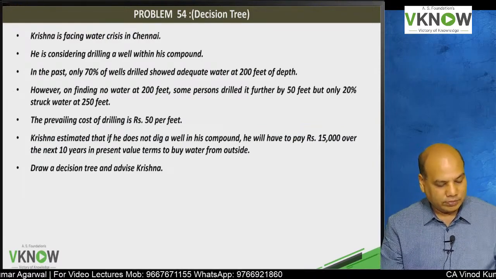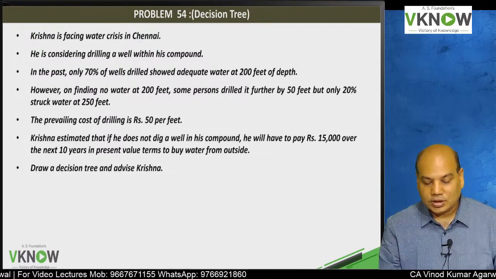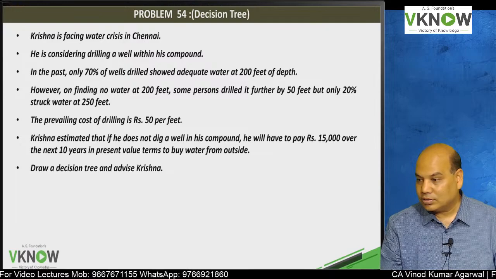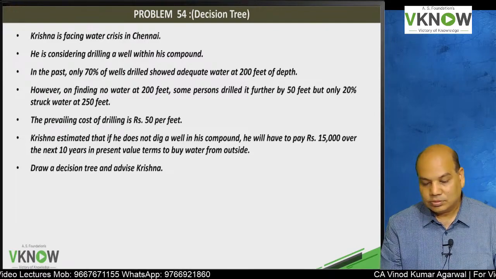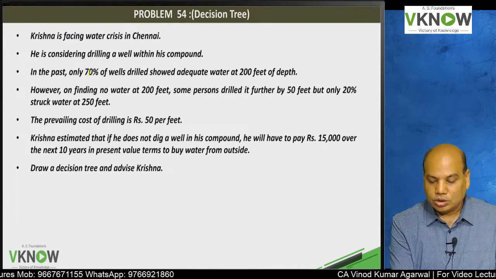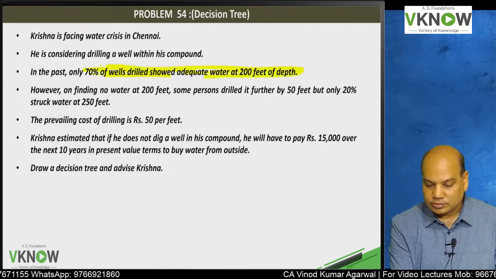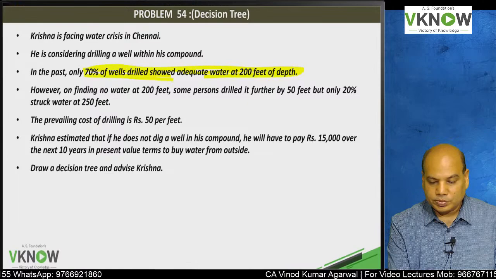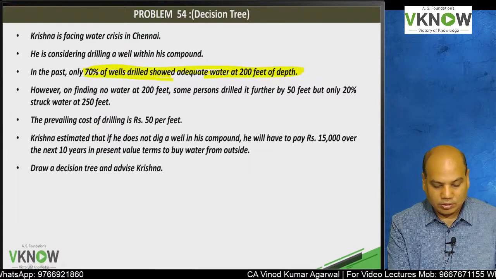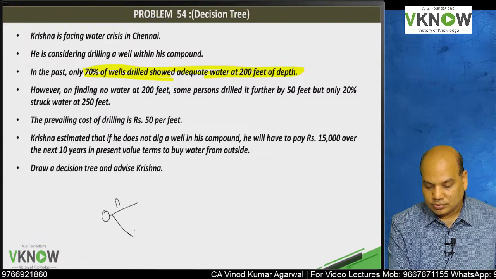Krishna is facing water crisis in Chennai. He is considering drilling a well within his compound. In the past, only 70% of the wells drilled showed adequate water at 200 feet of depth. So you have 2 options: to drill or not to drill.